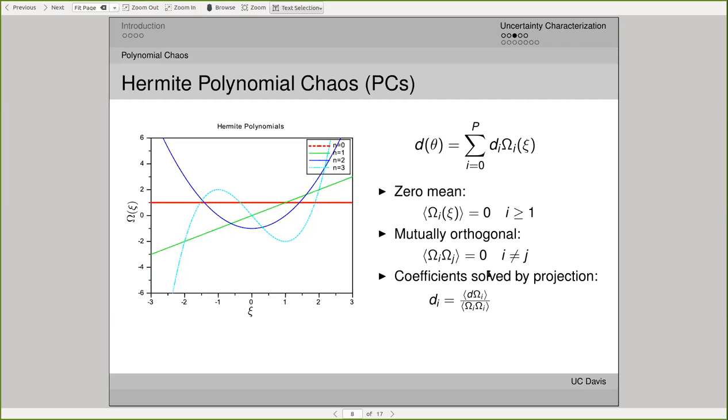And the second one is mutual orthogonality. When we take any two different polynomial chaos and take the expectation of their product, it becomes zero, which means they are orthogonal to each other. And because of this orthogonality, we can calculate the coefficients of the Hermite polynomial chaos. I will explain more in the next slides.